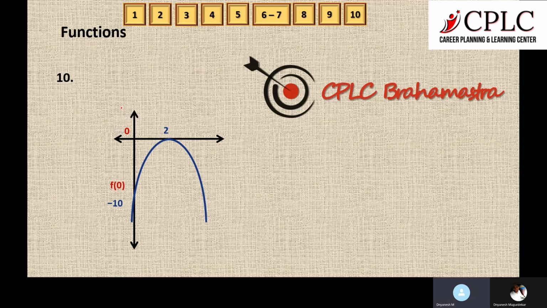And they are asking the value of f of 4. How will we get f of 4? For that, we'll have to find the value of y. And as I said, because the quadratic is a symmetric graph, you cut it in between.